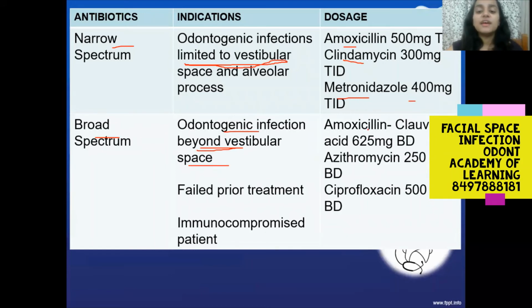Okay, so we can give a combination in the form of Augmentin, usually amoxicillin and clavulanic acid, 625 mg twice daily. Then azithromycin 250 mg twice daily, and ciprofloxacin 500 mg twice daily. Now, all these antibiotics, whichever we give, are usually given for 5 days. Okay, not more than 5 and not less than 5. Again, because of resistance which the patient can acquire.